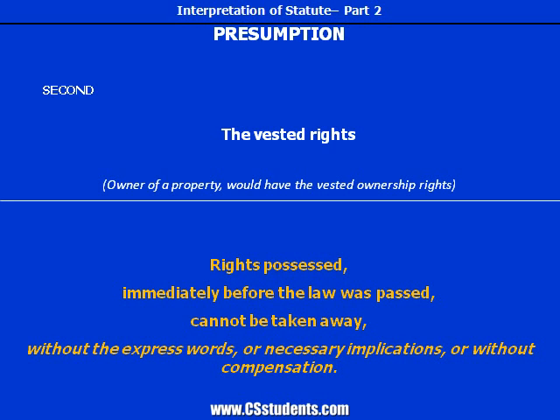Means, the legislature definitely has the powers to take away pre-existing rights by making new law. But, as per the presumption, for taking away those rights, there should be either an express provision in the law, or necessary implication, such as some significant reasons for taking away those rights, or the rights are taken away against compensation.